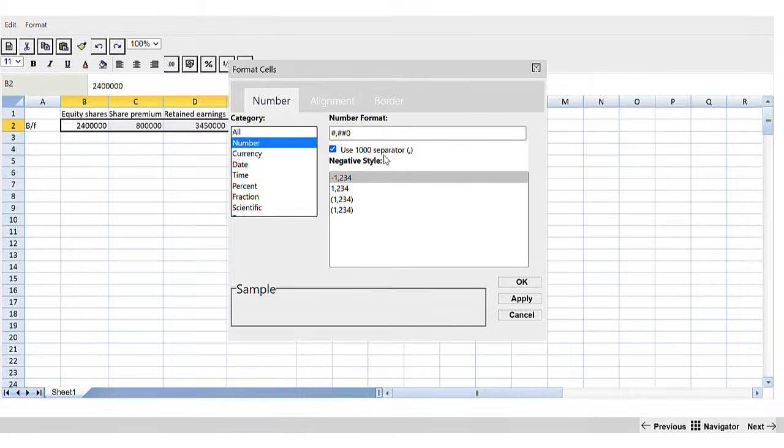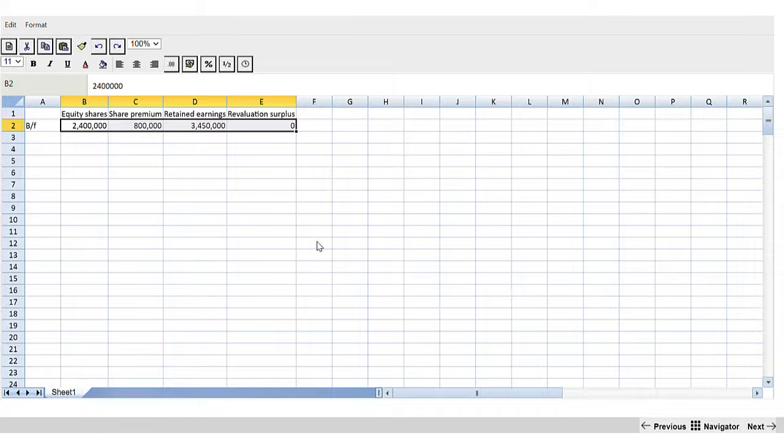I want to use the separator for the thousands. If I click on OK, there we go. That makes life that little bit better, doesn't it? So I can see I've got the right 2.4 million, the right 800,000, the right 3.45 million, and nothing on the revaluation surplus. In the exam, that will get me some nice easy marks, bits and pieces that should be straightforward.